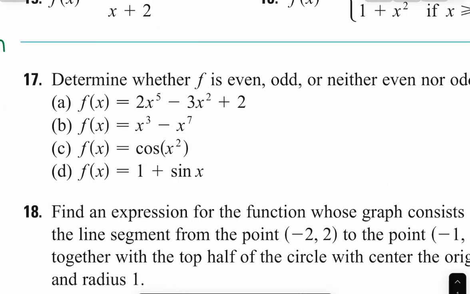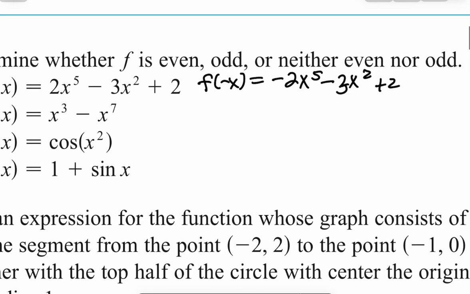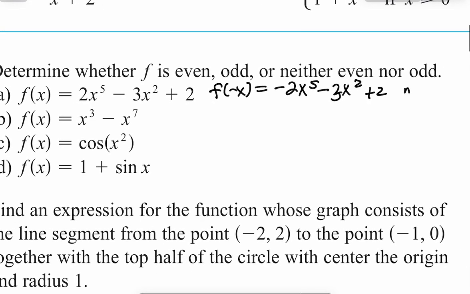17. Hopefully you know how to do even, odd, or neither. If you plug in negative x to this one, the first piece changed, but the last 2 pieces do not. So it's nothing good. It's neither.